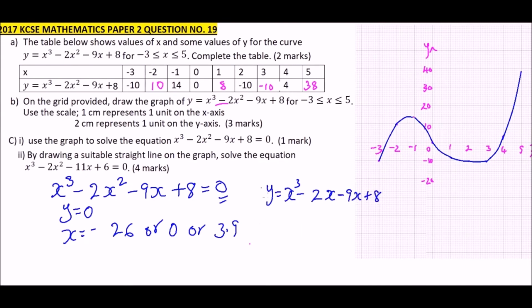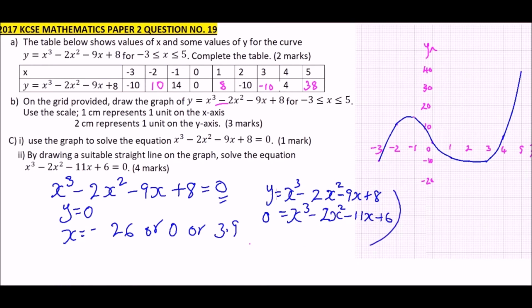The other equation that we have here is 0 = x³ − 2x² − 11x + 6.